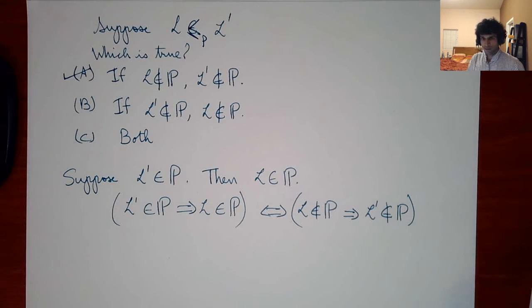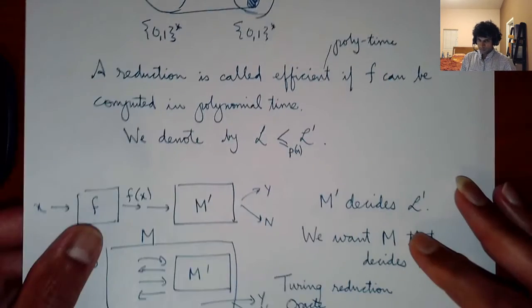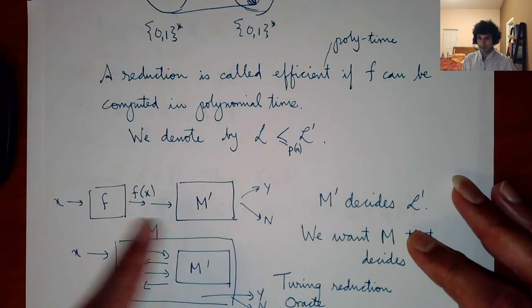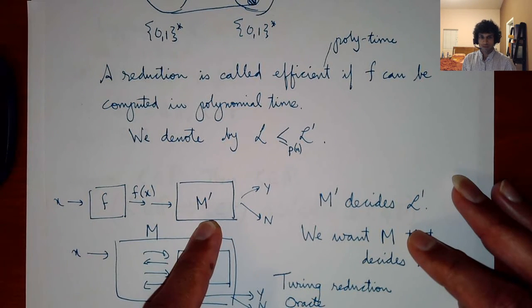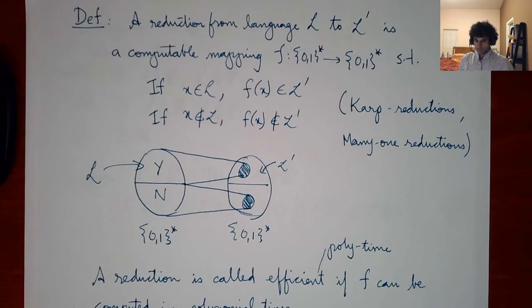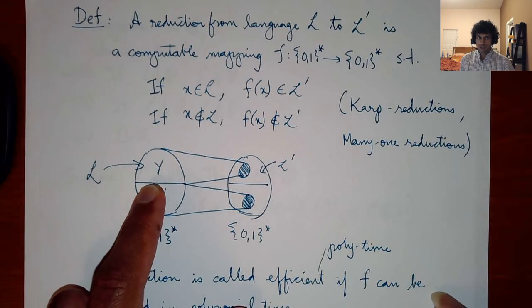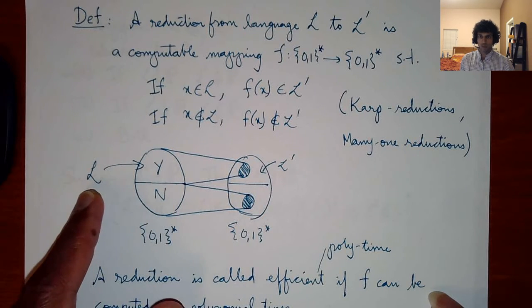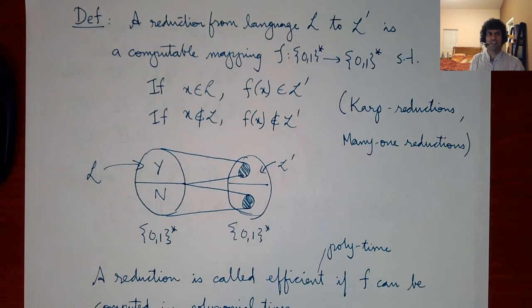Okay, so it's 50-50. So let me explain this again. And for those of you who are confused, please ask me questions because that will help me clarify your doubts. So hopefully this picture makes sense. This is what a mapping reduction does. The mapping reduction converts an instance of L, whether yes or no. So think of any string as an instance.